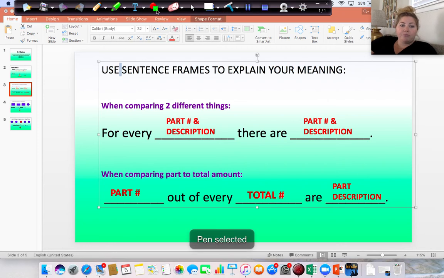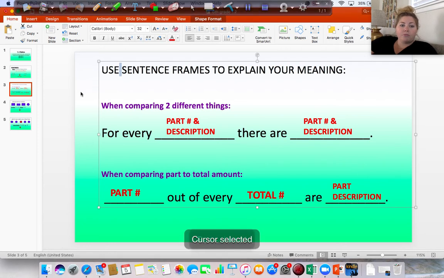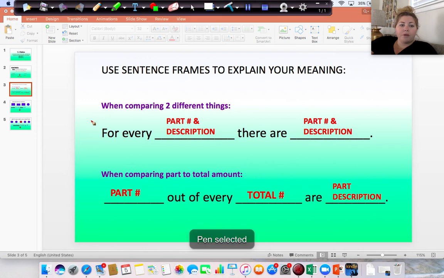Okay, so there we go. Here is the number 1. When you are comparing two different things, like red pens to paper clips, or basketballs to footballs, or pink nail polish to red nail polish, this is the sentence frame you are going to use.